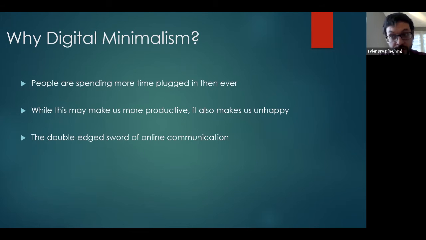And this can be good. It can help us connect with our loved ones from far away. It can enable other forms of communication and productivity, but it can also make us really unhappy. Being constantly plugged in, constantly expected to answer emails, constantly bombarded with new information is overwhelming.